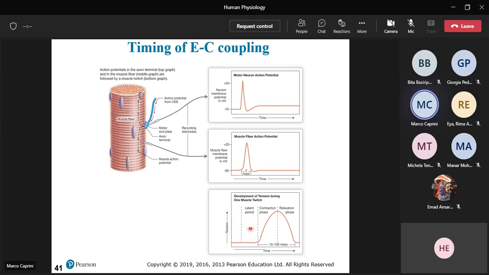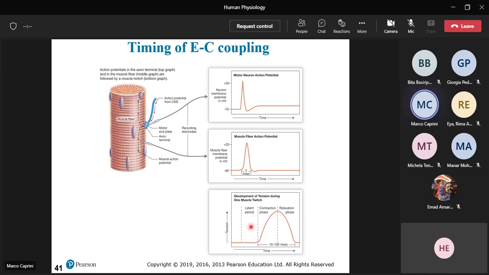It represents the time required for the excitation-contraction coupling to take place. Here, in this period, the membrane potential moves along the T-tubules, opens the sarcoplasmic ion channels, releases the calcium, which binds to the troponin, and the troponin moves the tropomyosin. After this latent period, we can start the contraction phase.